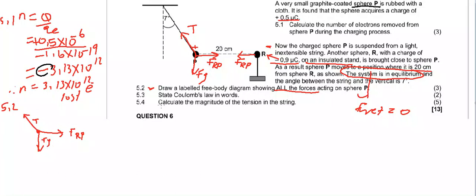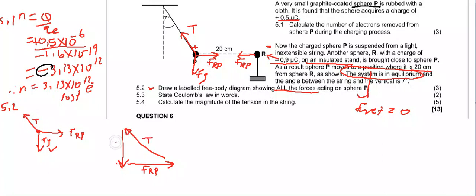So I said before you calculate, you have to rearrange these lines so that they form a triangle. When we rearrange, we have the line going downwards, which must be Fg, and the line going across, which must be F_RP, the force between R and P. Then we have the line going upwards to this side, this is our tension.